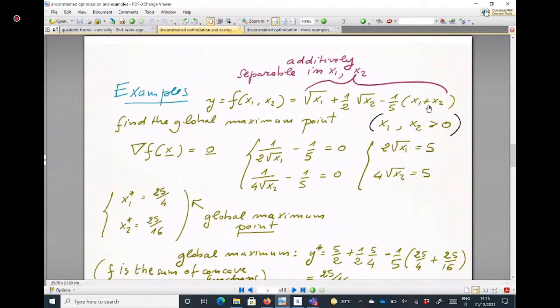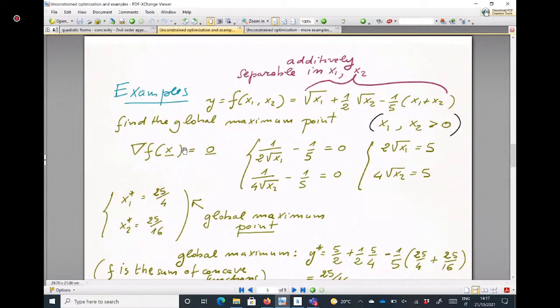Linear functions are both convex and concave. The sum of two concave functions is concave. So we have three of the above properties here, if you look into this carefully. So this is concave, and this means that if I find a point where the gradient is 0, this is necessarily a global maximum point. Clear?